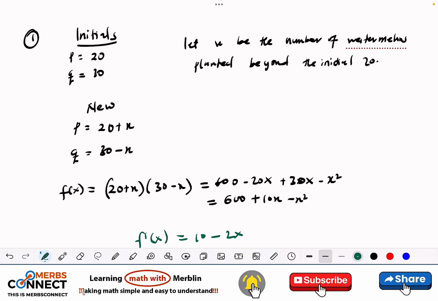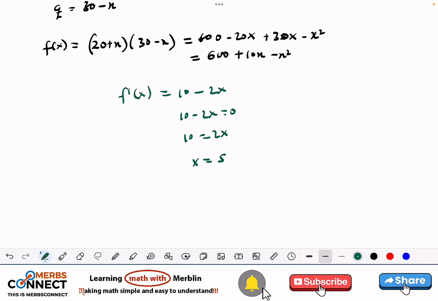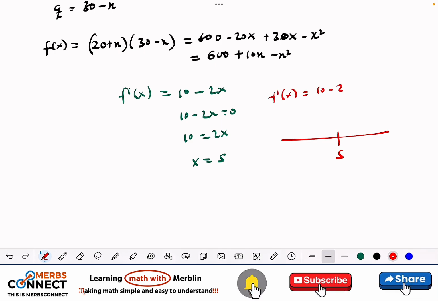So x is the value that is going to maximize the function, and we can check that by using the sign chart. Remember we are using f prime, so f prime of x is equal to 10 minus 2x. Now pick any value. We can pick something like 4.